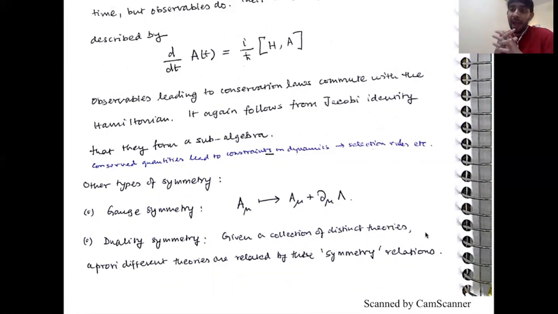So two apparently unrelated theories can be related to each other by these sorts of mappings. These are called duality symmetries. We would not have a lot to say about this, but these are very, very interesting things as well.